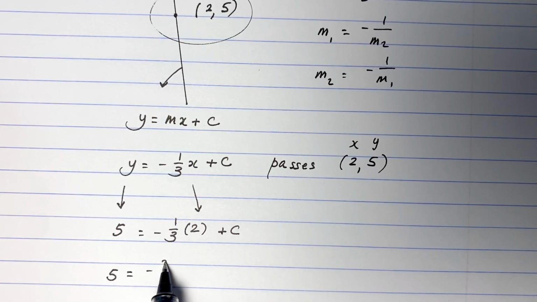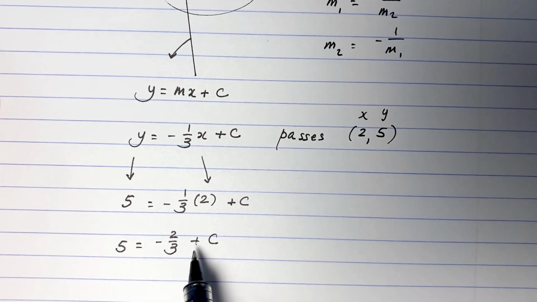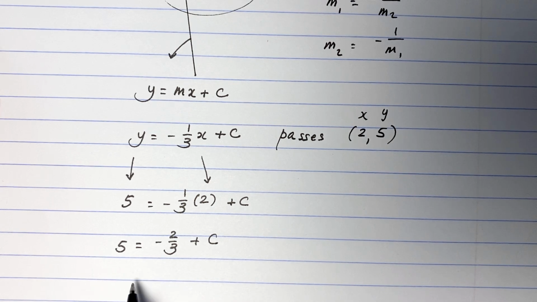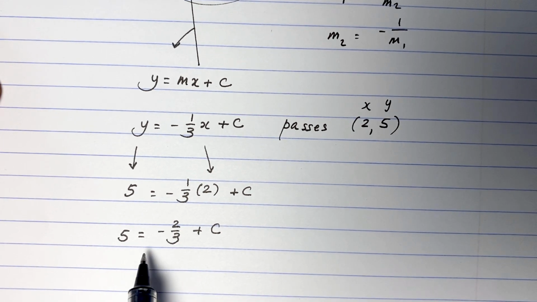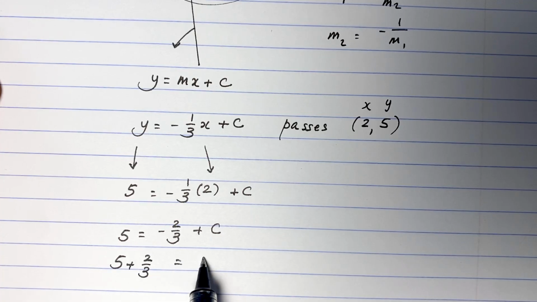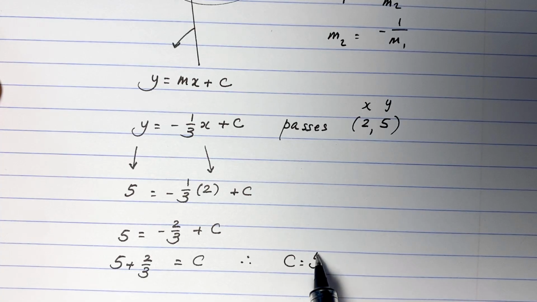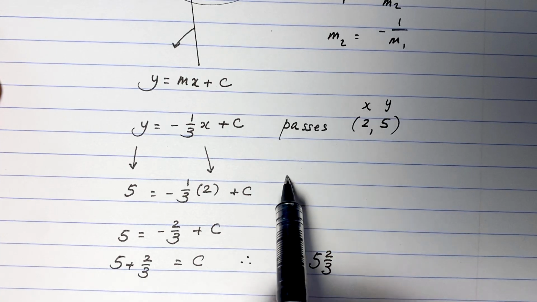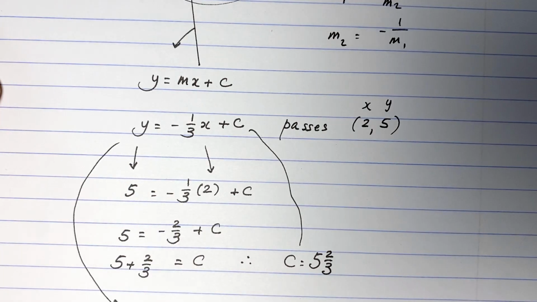So that's minus 2/3. Adding 2/3 to both sides to get rid of minus 2/3, or moving minus 2/3 to the other side, change sign, change side, we have this. Therefore c is 5 and 2/3, which you're going to replace now in the equation.